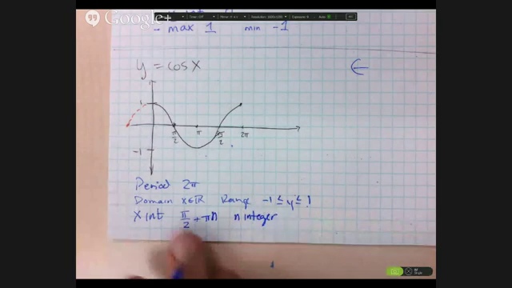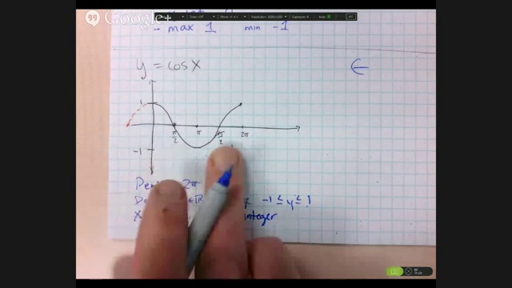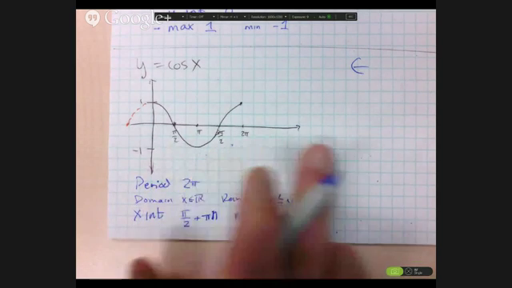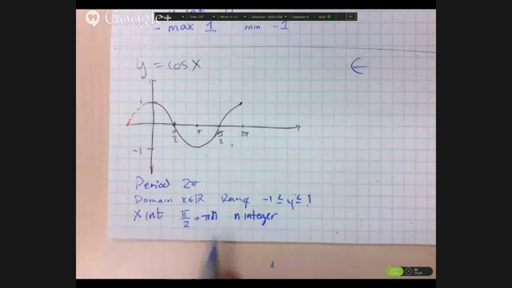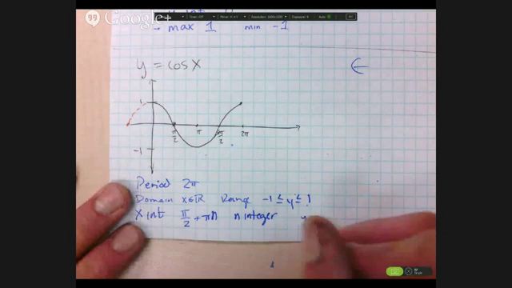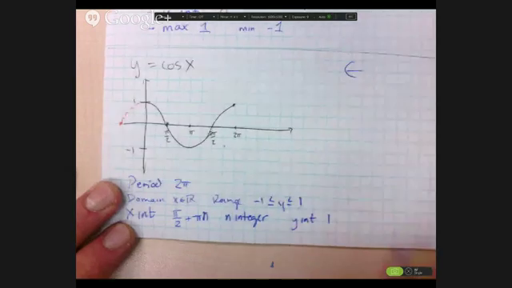So if I add pi, I continually hit the intercepts for x. Pi times n. So n is any integer. It can be 0, 1, 2, whatever. But the x-intercepts, pi over 2, 3 pi over 2, 5 pi over 2. What's the y-intercept? It's 1.